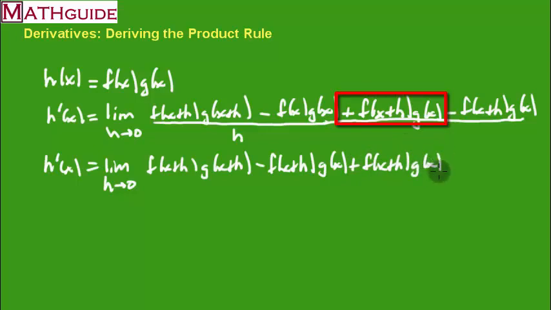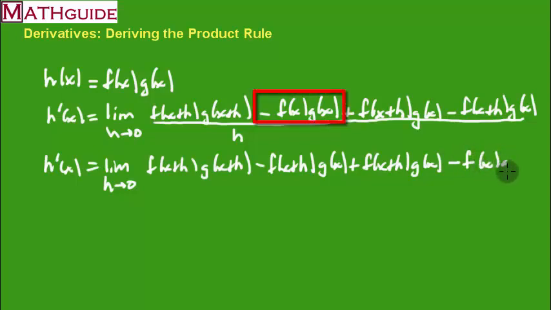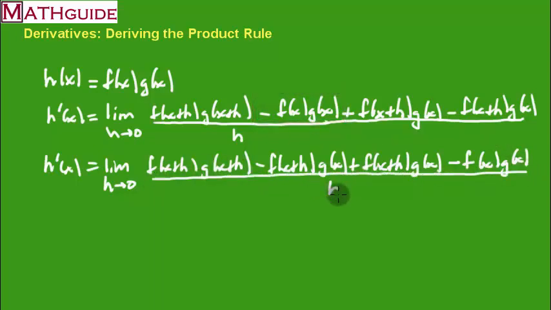You definitely have to have patience when you see this, because you rarely know where this is headed. So I have this entire numerator and an h in the denominator, and of course we're taking the limit as h approaches 0.